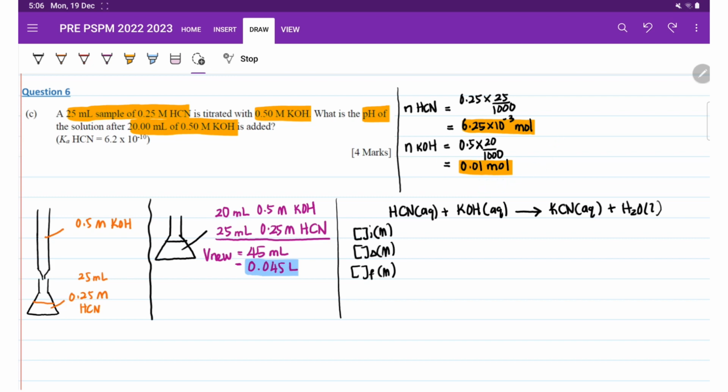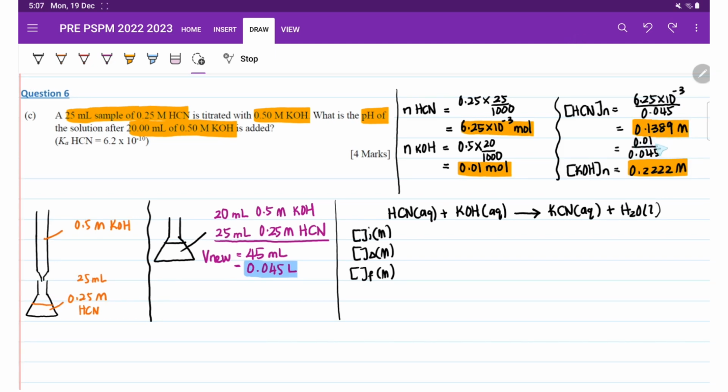Okay, now for this one, you can straight away use the number of mole in the table, just that here you have to change it to number of mole. But if you want to use the table in concentration, you need to find the new concentration for these two, the acid and base. So to find the new concentration, we use the new volume here: number of mole divided by our new volume, which is 0.045 liter.